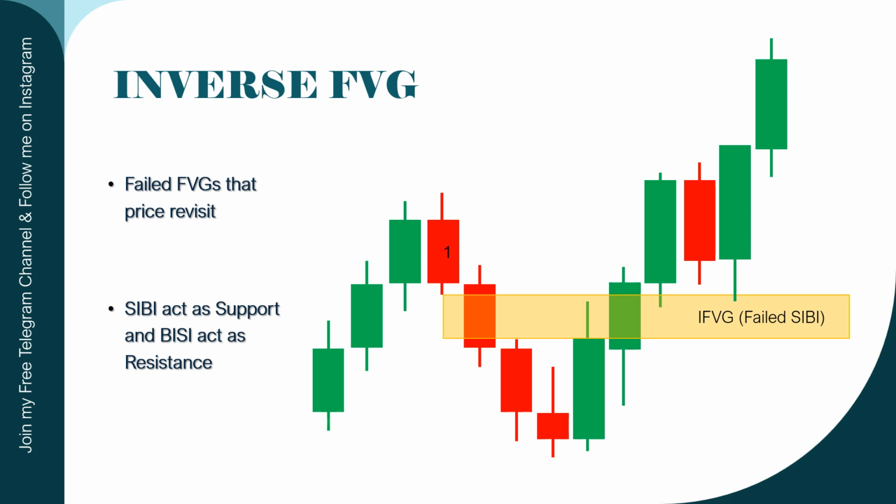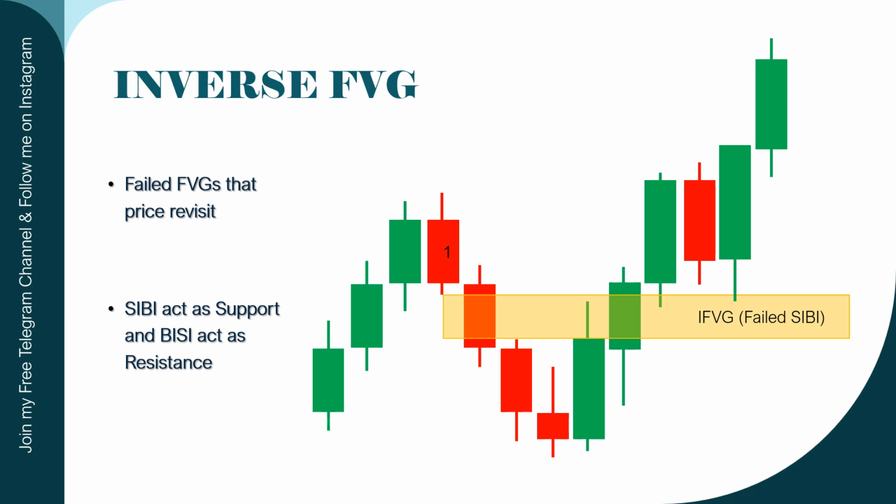A candle's body must close above this fair value gap. That's how you know that it has been destroyed. Not when just a wick goes through here and then closes within the same fair value gap, then this is still a valid SIBI.